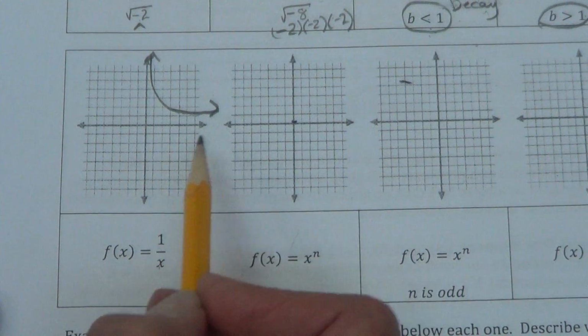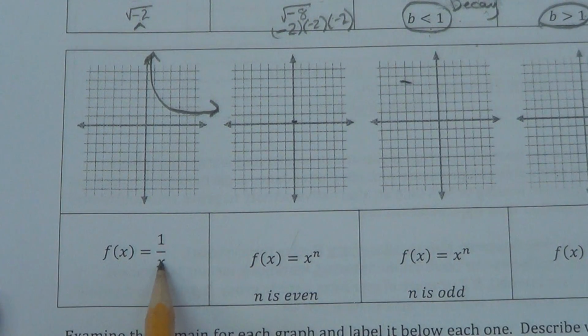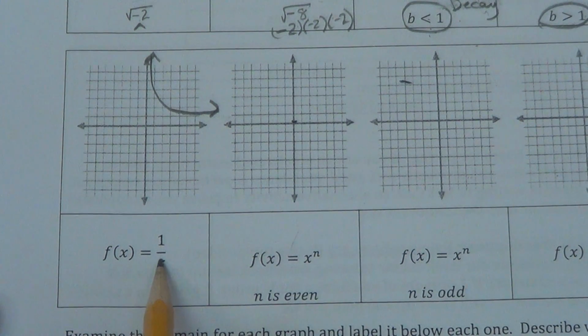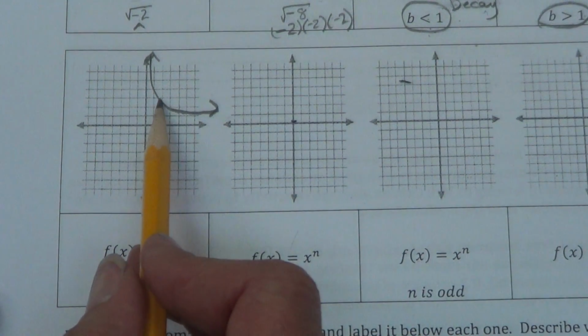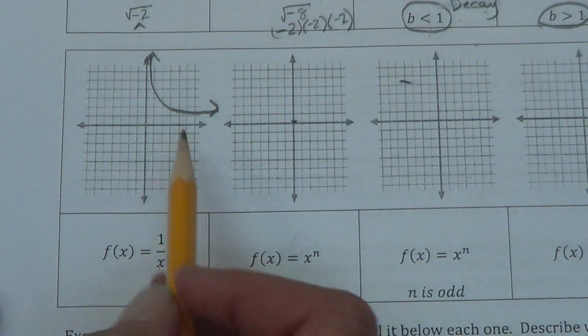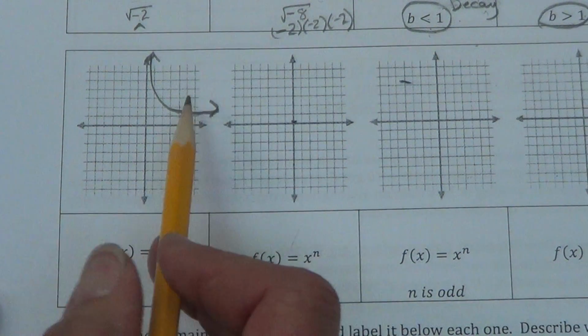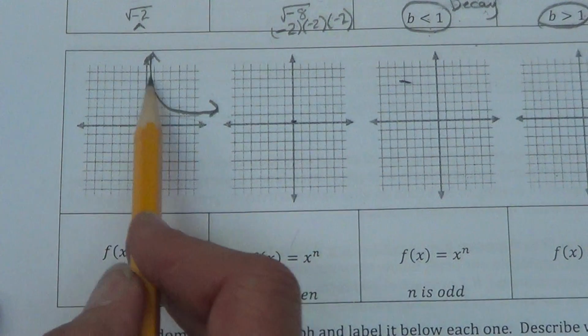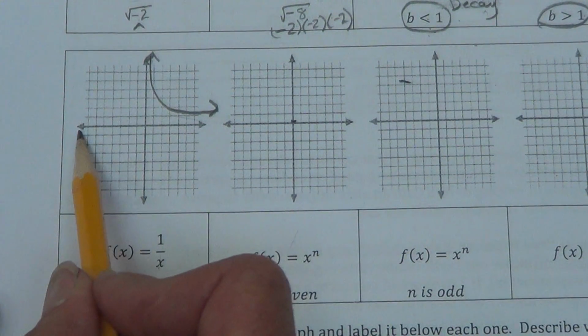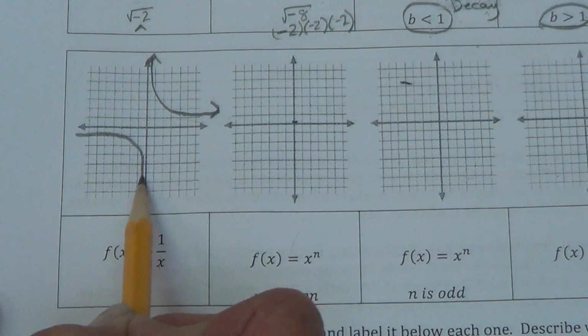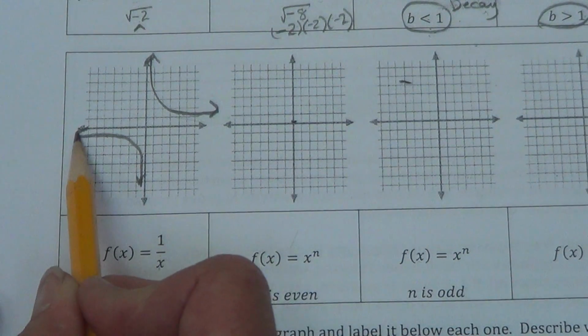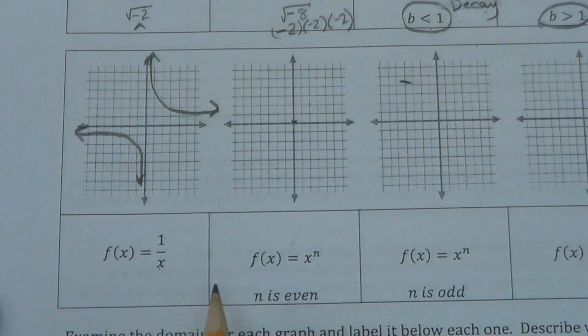It goes this way in that area, because thinking about it as you do positives, 1 over 1 would be 1. I guess I graphed it a little bit high. 1 over 2 would be 1/2, so it's coming ever so close to this and ever so close to that one. Likewise, in the negatives, you can have negatives, and so you get the wing pattern that they talk about.